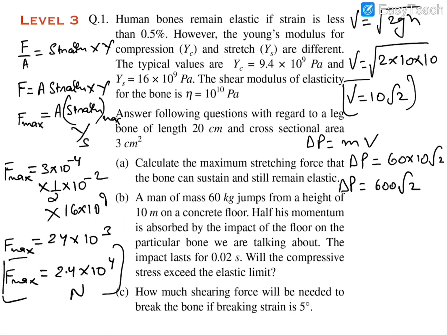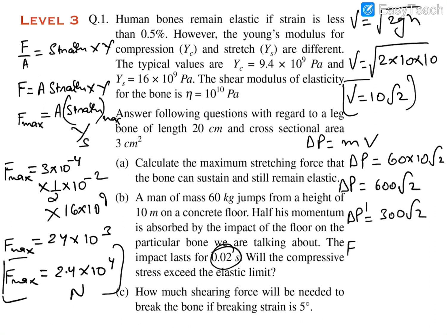Okay, now we can say that this is the change in momentum of the man, and it is given that half of this change in momentum is absorbed in the bone. So half of this momentum, delta P absorbed by the bone, is 300 root 2, and the time taken is 0.02 seconds.